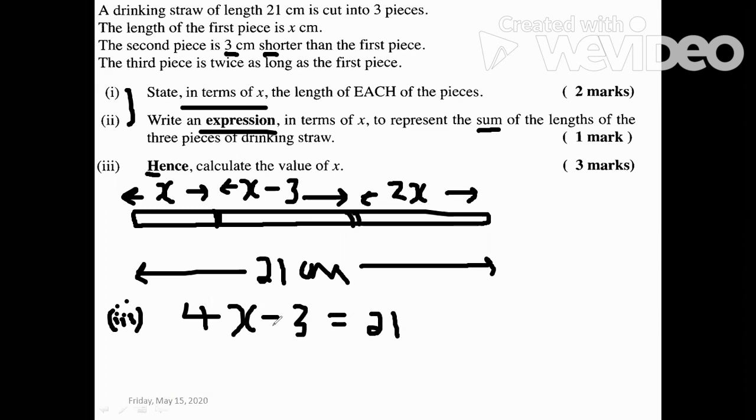Clearly we're going to add 3 to the left and 3 to the right. So we have 4x equals 21 plus 3, which is 24.